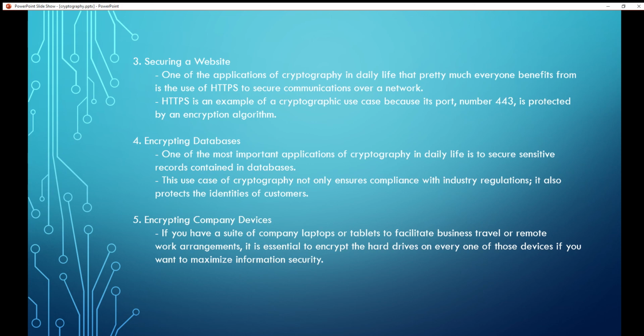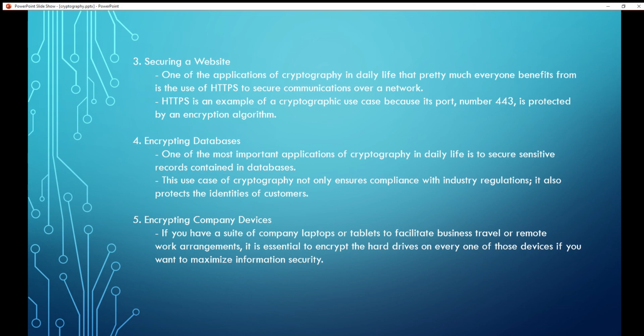For example, a large dental practice might have a database with social security numbers and other sensitive patient data. If that dental practice cares about compliance or patient confidentiality, it needs to encrypt either the full database or the specific records that are sensitive.